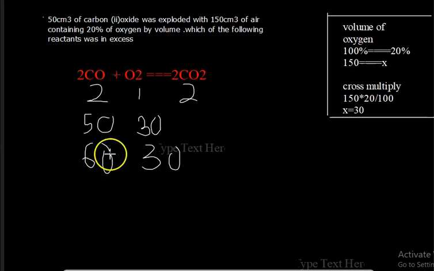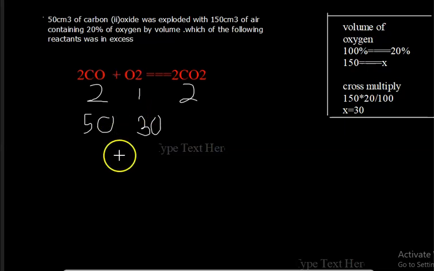So this cannot proceed. You have to try the other way. The other way is simply taking the volume under 2 moles of CO to 1 mole of oxygen. Since we took 30 cm³ of oxygen, which is 1 mole, to CO, which is 2 moles, and it was not able to subtract, once we take 50 cm³ to oxygen, it will divide by 2, because we are taking something higher, 2, to 1.